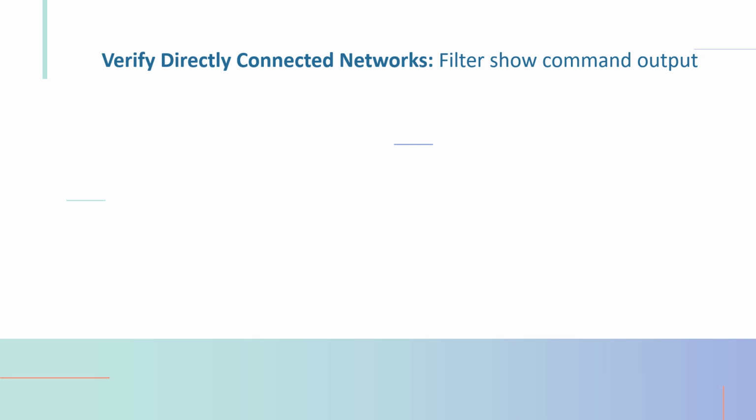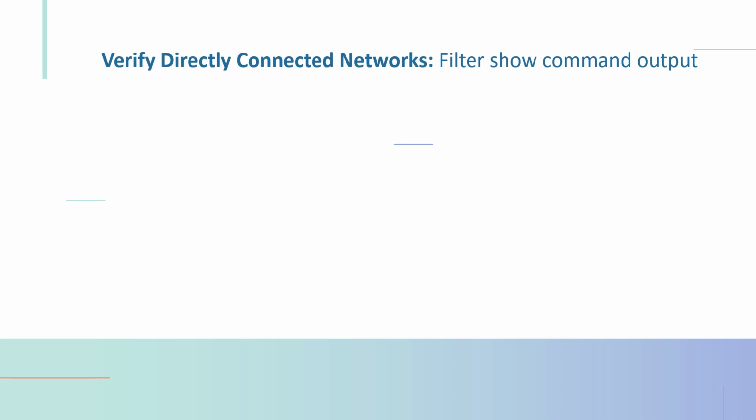Another very useful feature that improves the user experience in the command line is the filtering of show output. Filtering commands can be used to display specific sections of output. To enable the filtering command, we have to enter a pipe, which is a character, after the show command, and then enter a filtering parameter and a filtering expression.